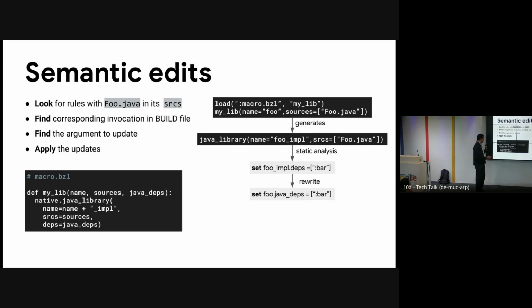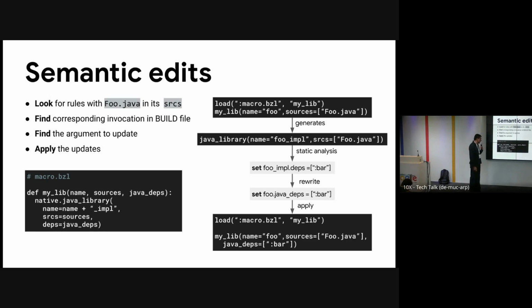Then I go back and look at the macro, figure things out, and then I will convert this and say that, okay, the semantic change of foo_impl.deps equal to bar should be converted to the syntactic change of foo.java_deps equals bar, right? In order to get the deps of the generated rule to be bar, I need to change the Java deps attribute of mylib. So that semantics to syntactic mapping needs to be done. And then you apply your changes and you're good.